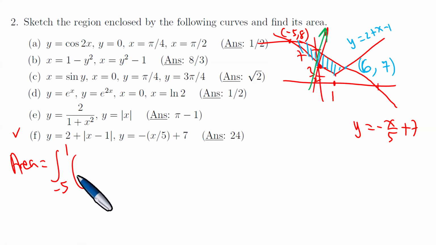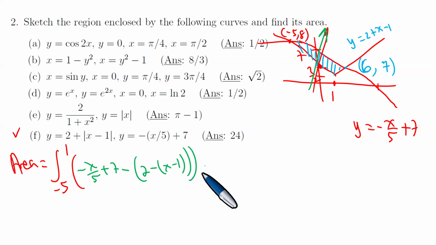Right, the upper curve becomes the straight line graph. The lower curve becomes the absolute value with a negative slope, which is 2 minus x minus 1. And then you do dx. You continue with the integration now from 1 to x equals 6.